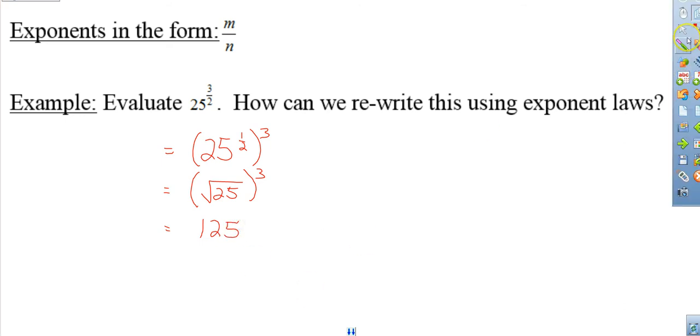So the trick for this question was to break up 3 over 2 into 1 over 2, so that we have a numerator of 1 and just a denominator, and then multiply by a whole number for an exponent on the outside.